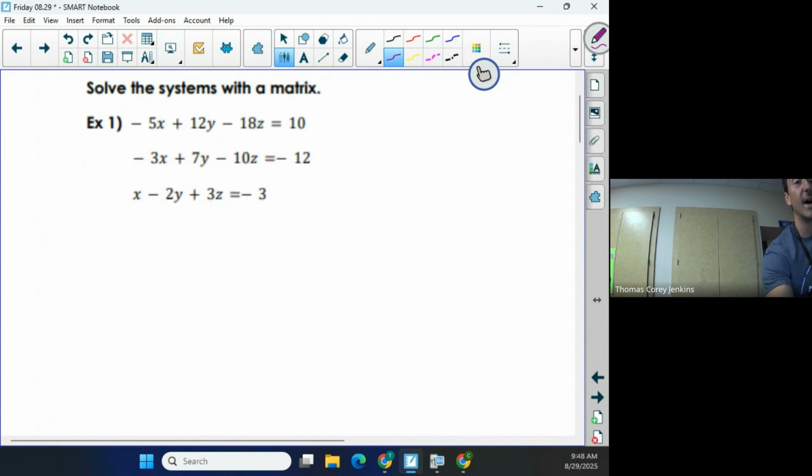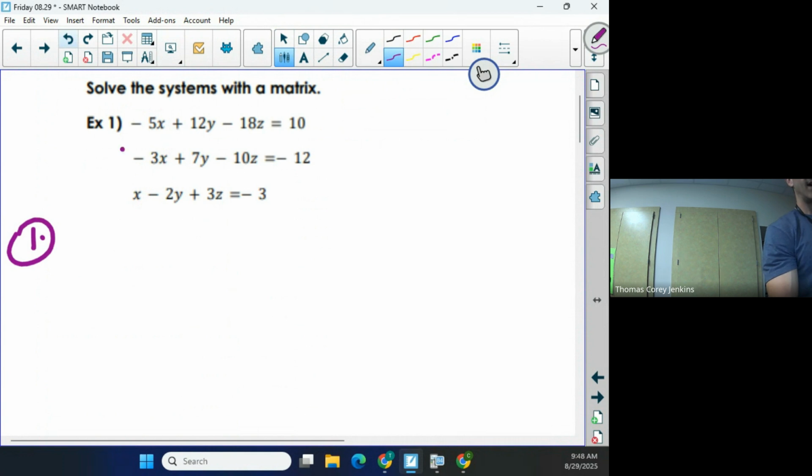Step 1 would be try to eliminate the same variable from 2 equations and give yourself a 2-variable system. Okay, so if we look at x's here, my coefficients are -5, -3, and 1, so that could be pretty easy to work with potentially. So I'm going to try to eliminate x from 2 equations, right?